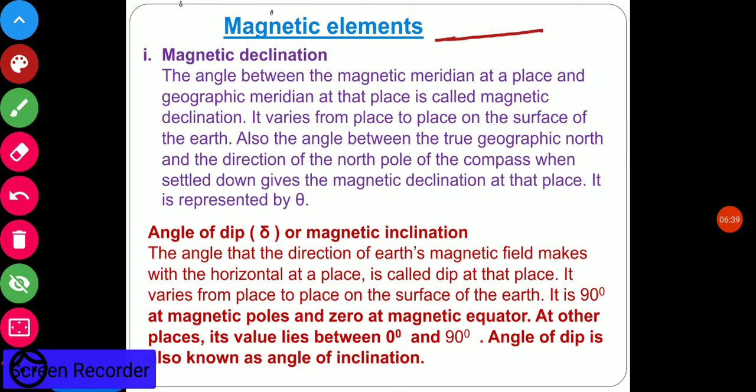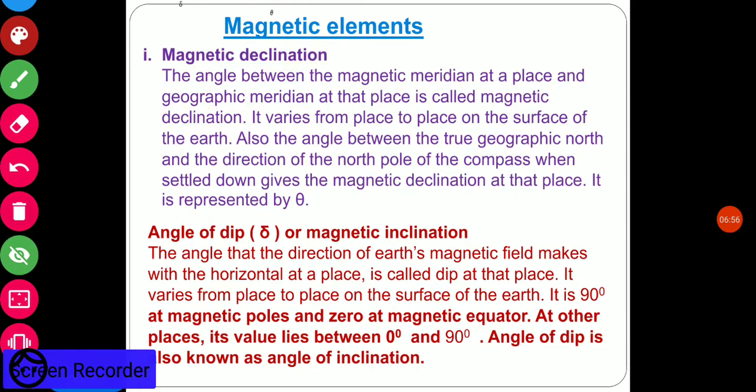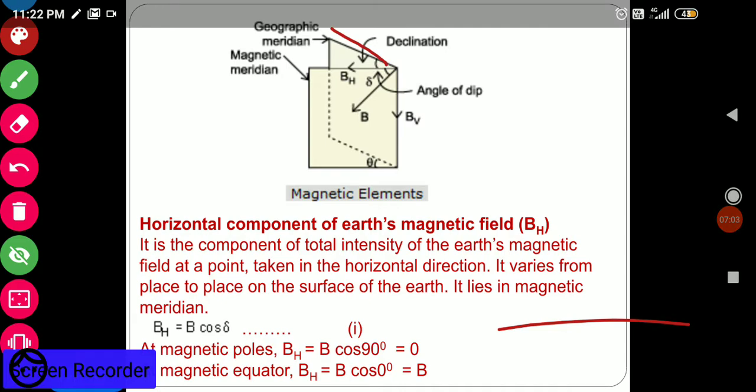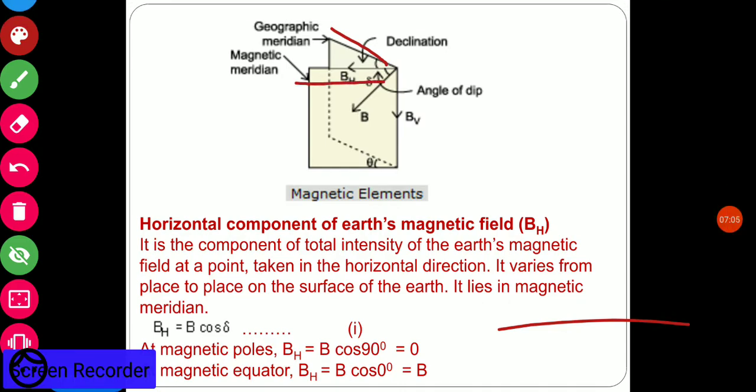The magnetic elements. The first term is the magnetic declination. Magnetic declination means the angle between the magnetic meridian at that place and the geographic meridian at that place. In this figure, this is the geographic meridian, and this is the magnetic meridian, the plane perpendicular to the axis.